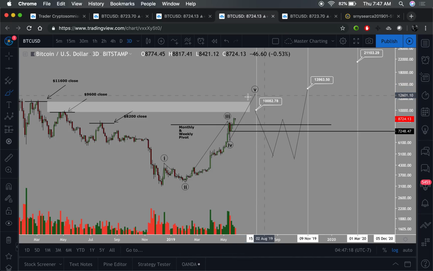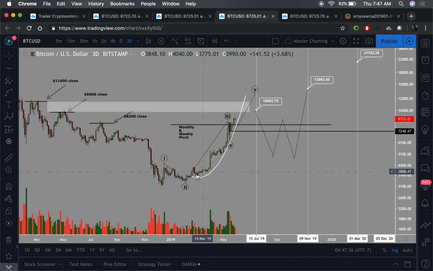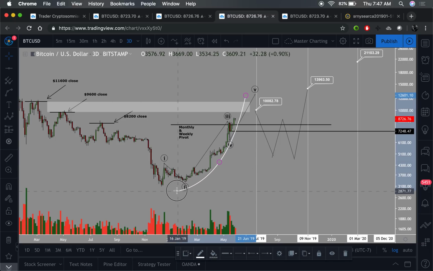This will create that blow off top, final leg up of the big parabolic move, because remember we're still in this big parabolic move right there. I know it's not perfect, but I think you get the point. I'm going to see if I can just map it out like this.